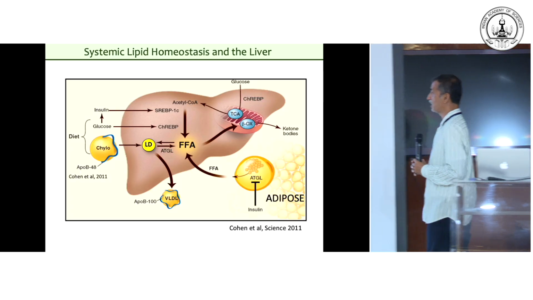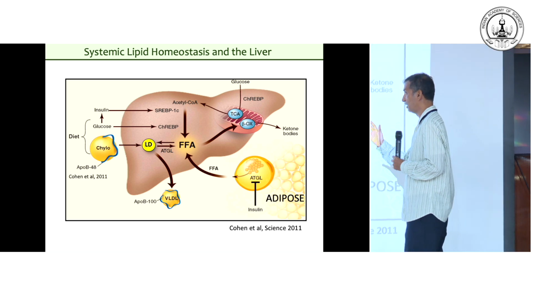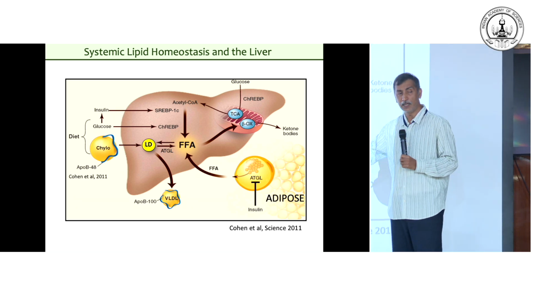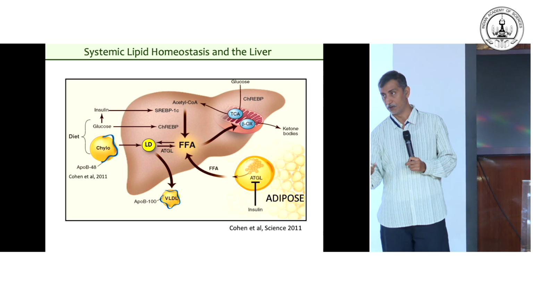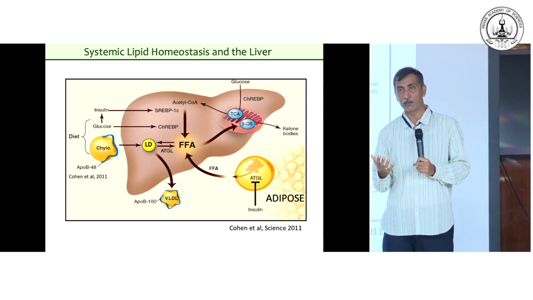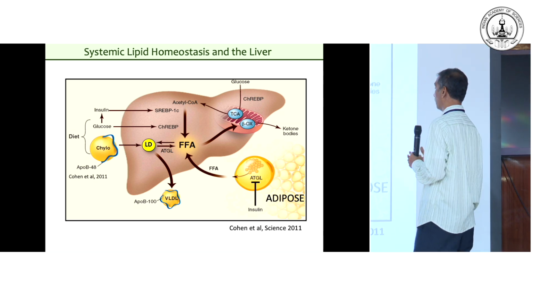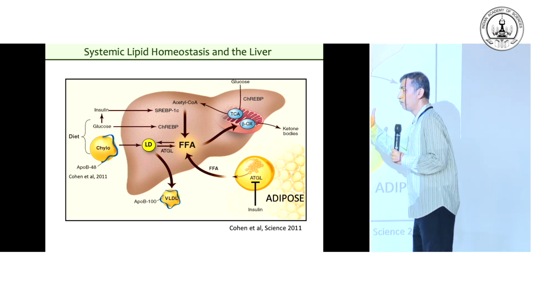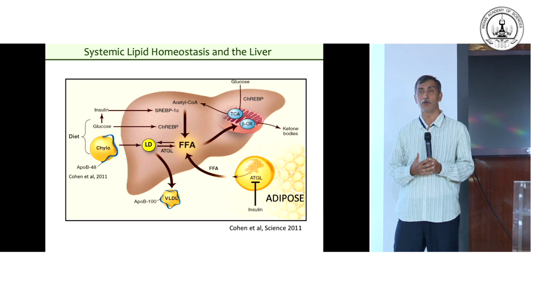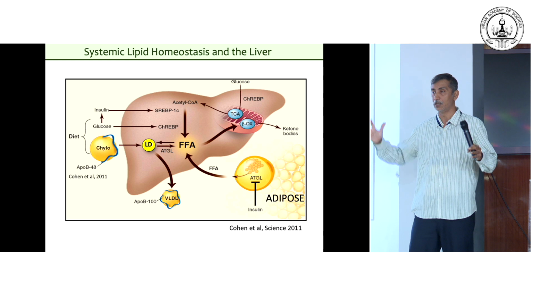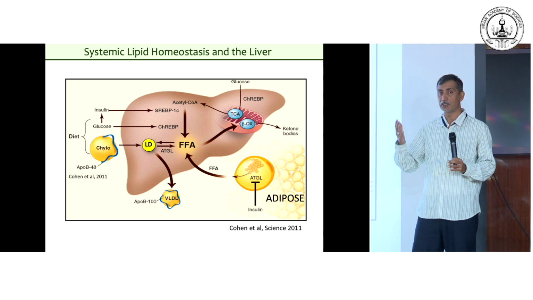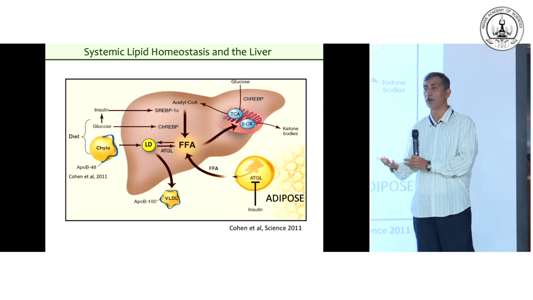So in this context, we have been very interested in what happens in the liver. Your liver does many things, but one of its major functions is to balance lipid overall in your body. You have a certain content of fat in your blood.